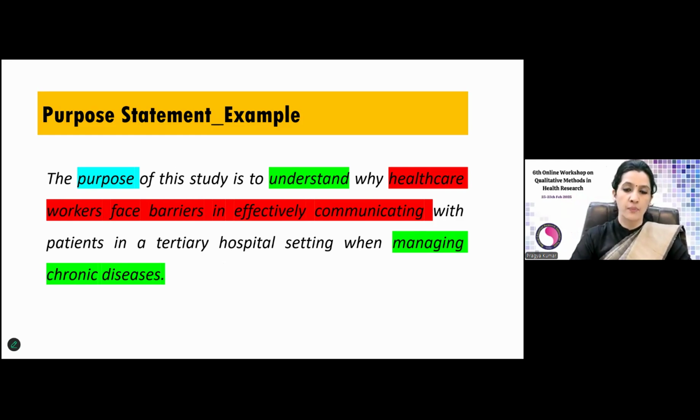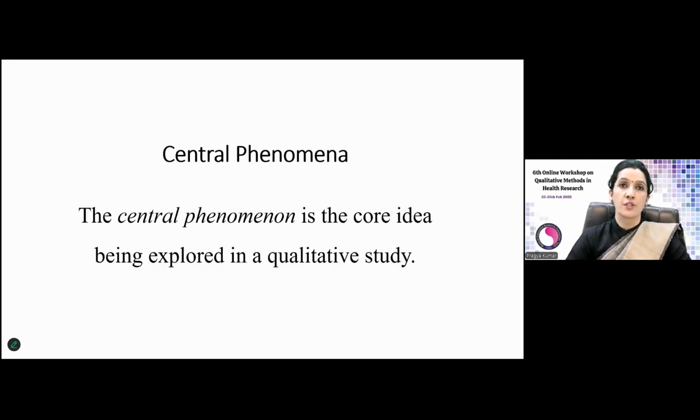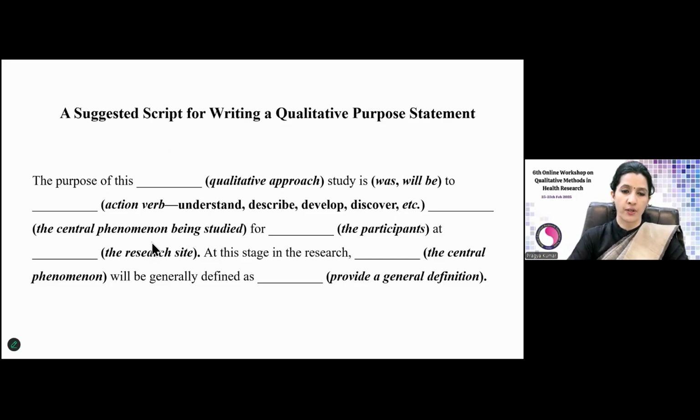I have the word purpose, because in a purpose statement you should give this word, and the word understand is also there. The line marked in red is my central phenomenon. I mentioned the setting also. The central phenomenon is the core idea which we are trying to explore in the qualitative study. And this is one suggested script for writing a qualitative purpose statement. Here it is showing that you write the purpose of this, and then you have to write the qualitative approach.